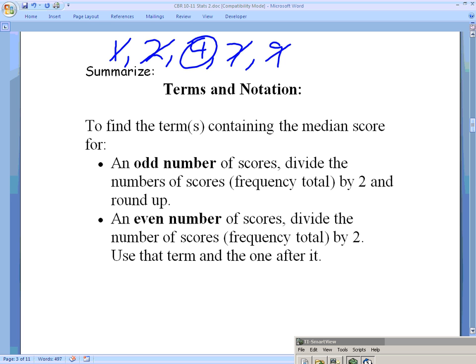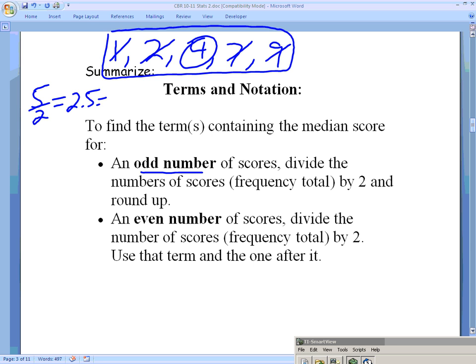So if we have an odd number of scores, for example, this example I just did here had an odd number of scores. There were 5 of them. We divide the number of scores, 5, divided by 2, and then we round up. 5 divided by 2 is 2.5. If I round up to the nearest number, I get 3. And we can see here that the median was the third term.